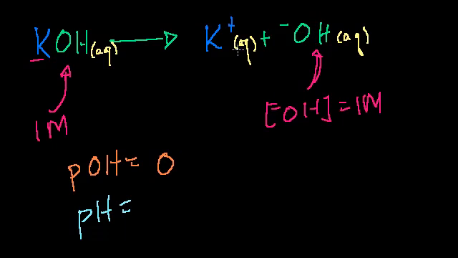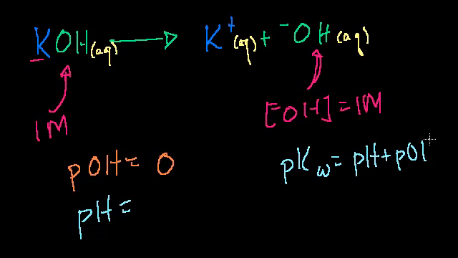The hydrogen is going to go down a lot. But you're like, well, how do I measure it? Well, you remember, at 25 degrees Celsius, the equilibrium constant of water is equal to the pH plus the pOH. We showed that at the beginning of the video. So 14 is equal to your pH plus 0. That's our pOH in this case. So our pH is 14.